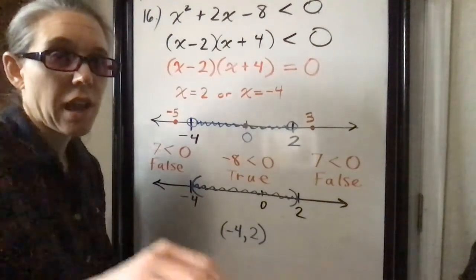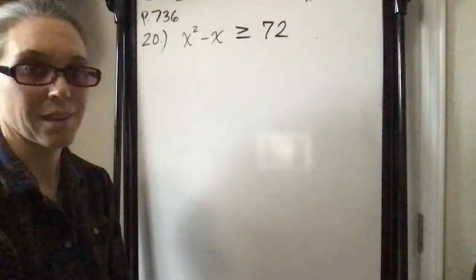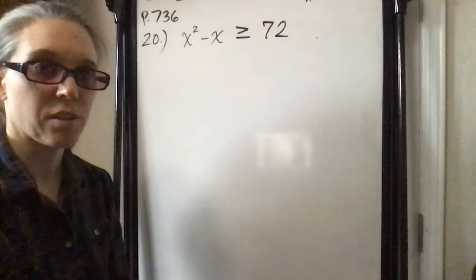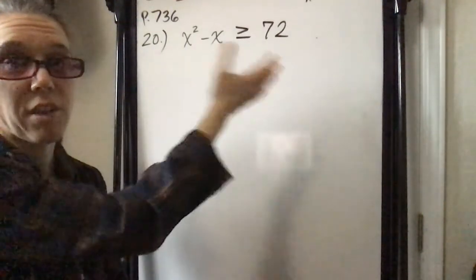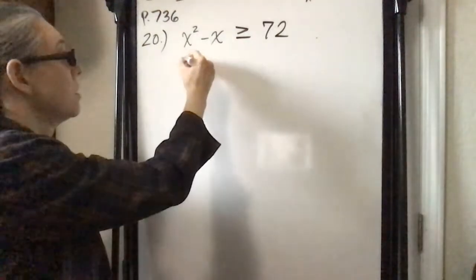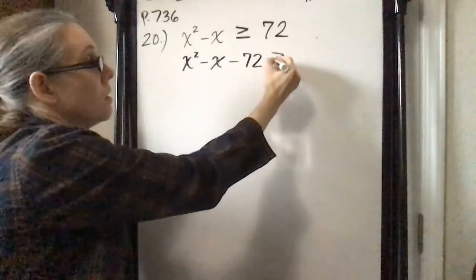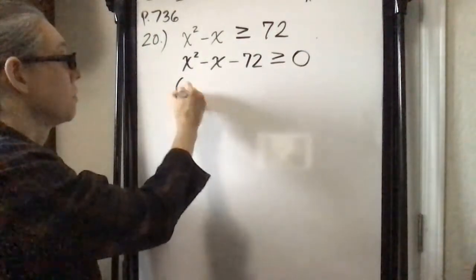And next we're going to look at question 20, and we'll go through this one a little quicker. Okay, here's question 20. So the first thing we did in question 16 was we factored the quadratic. To factor this quadratic, though, we need to have everything on one side. So just put everything on one side and then factor.